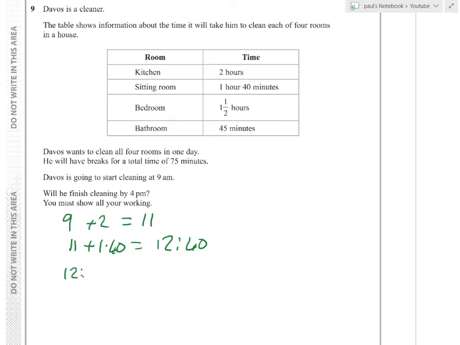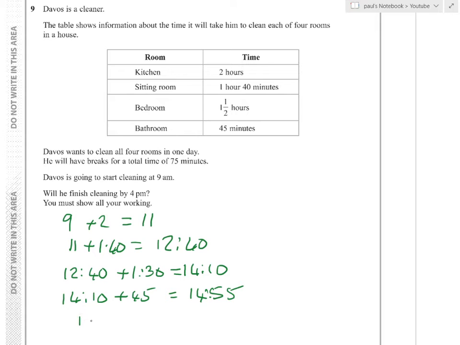So 12:40, we should do the bedroom plus 1:30 is 14:10. And now he's going to do the bathroom plus 45 minutes, which is 14:55.